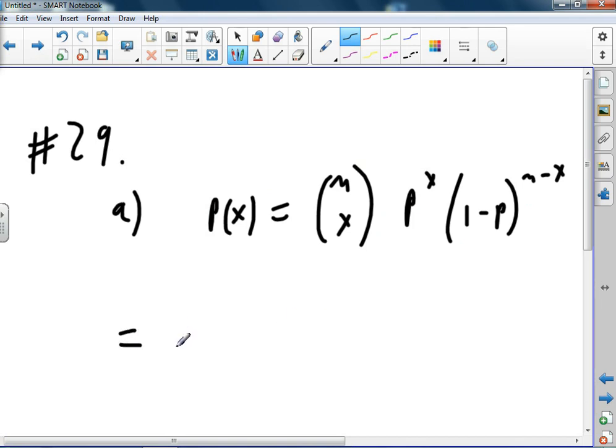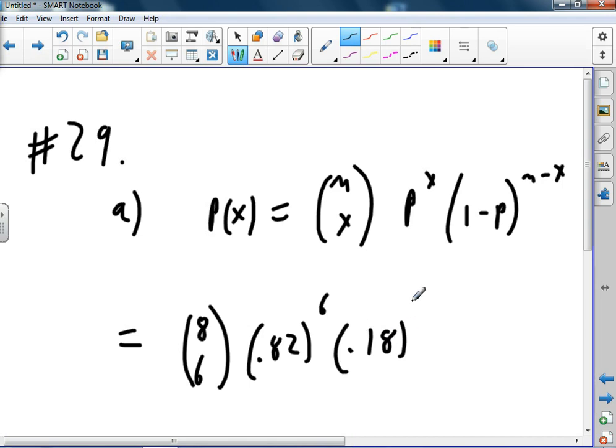We have 8. What is the probability that at least 6 say it's very important? 0.82 raised to the 6th power times 0.18 squared. Okay, so that's what our equation is saying there.